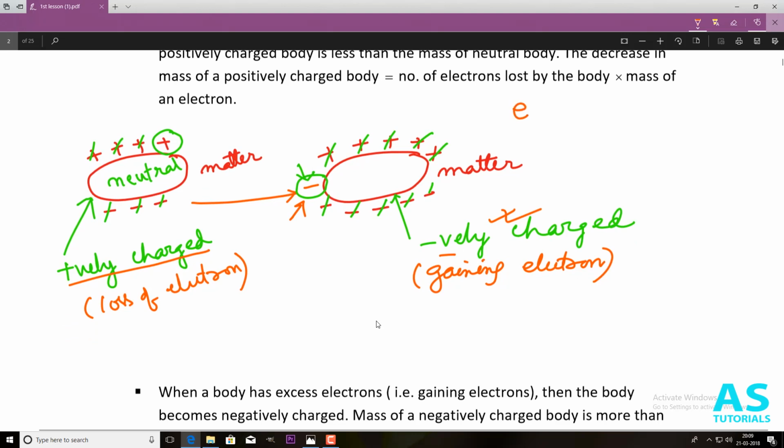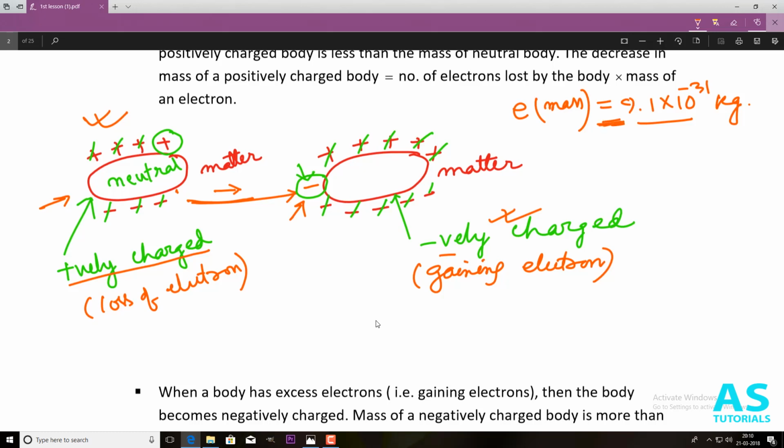Each electron has its own mass. The mass of an electron is equal to 9.1 times 10 to the negative 31 kilogram. So as you can see in the first case, when the body is losing electrons, there should be a decrease in the mass, because each electron has its own mass.